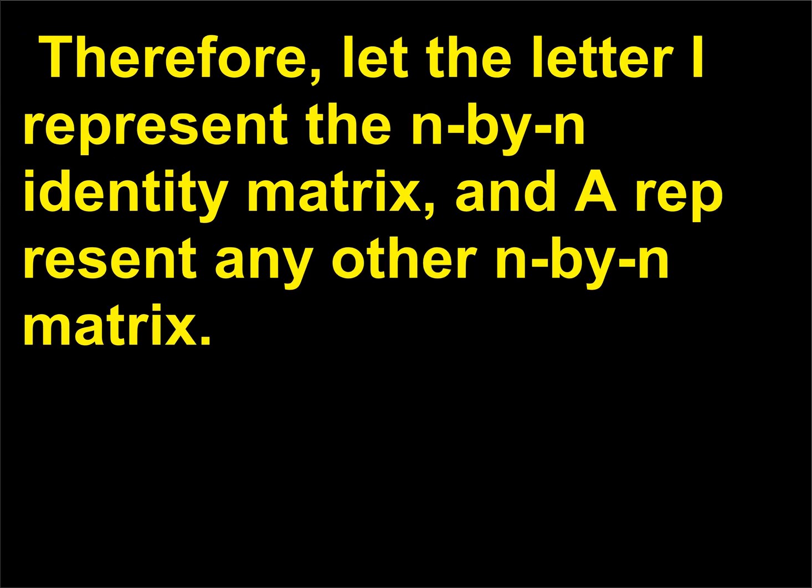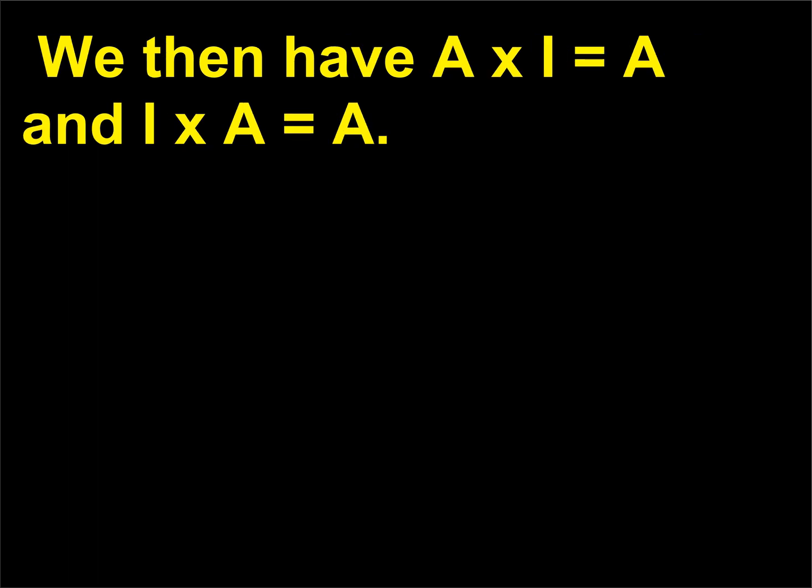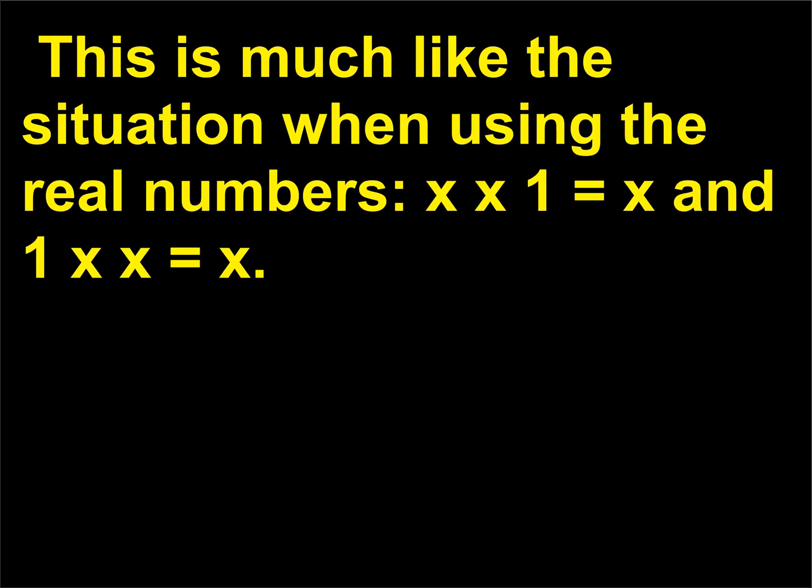Therefore, let the letter I represent the n by n identity matrix, and A represent any other n by n matrix. We then have A×I equals A and I×A equals A. This is much like the situation when using the real numbers, x×1 equals x and 1×x equals x.